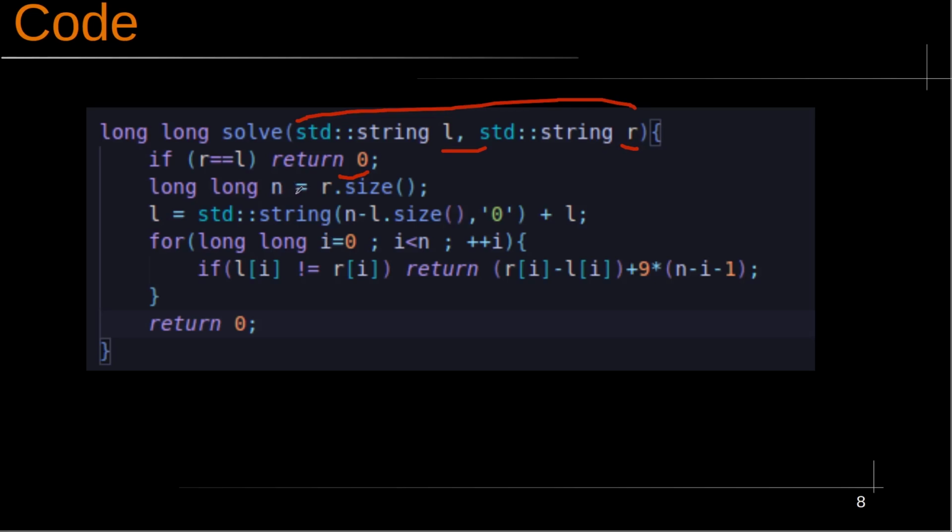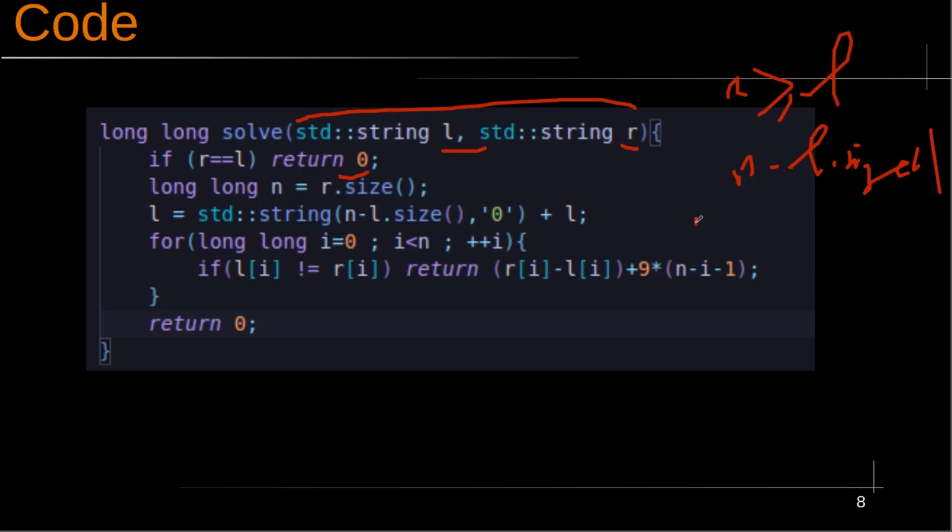We compute the size of the right number, because R is greater or equal than L. So we add leading 0s from the left, which is the size minus the size of the left number.